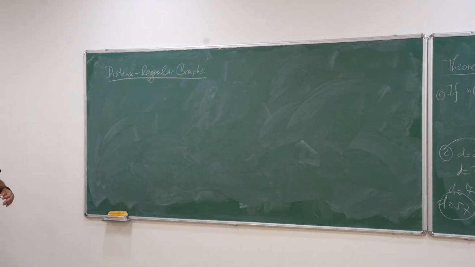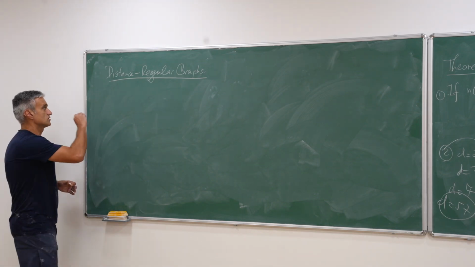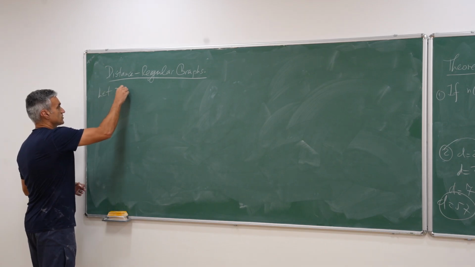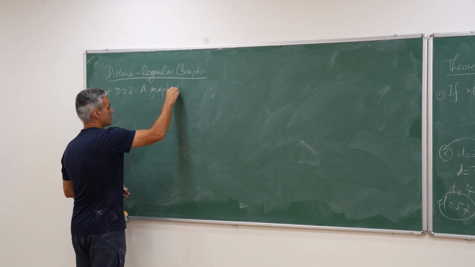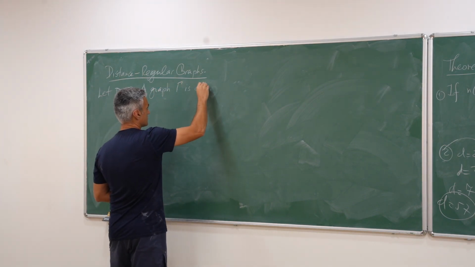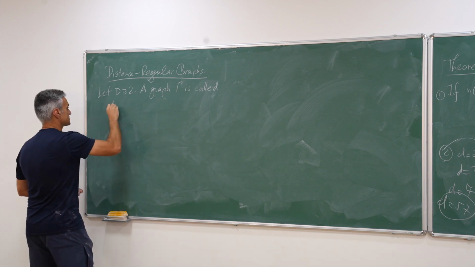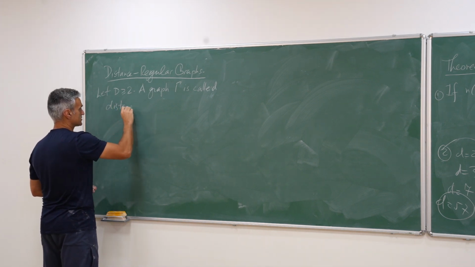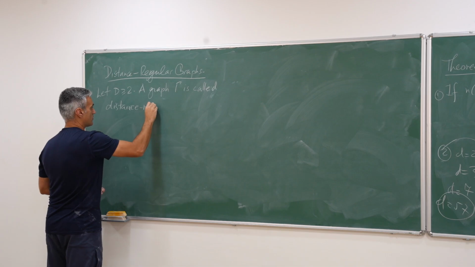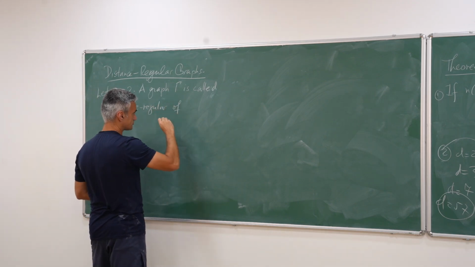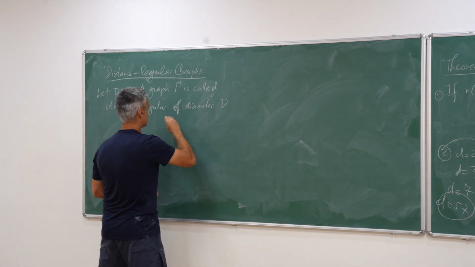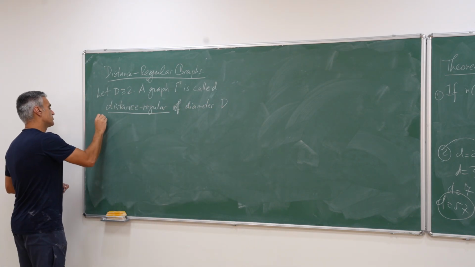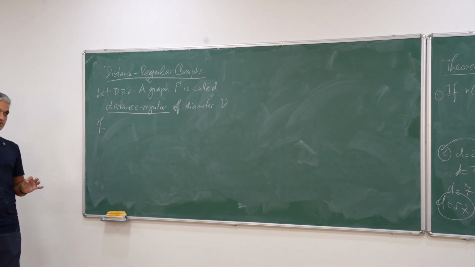So what is a distance regular graph? It's an extension of a strongly regular graph for larger diameters. So let d be greater or equal to 2. A graph gamma is called distance regular of diameter d if there are some numbers, and now don't be scared, okay?